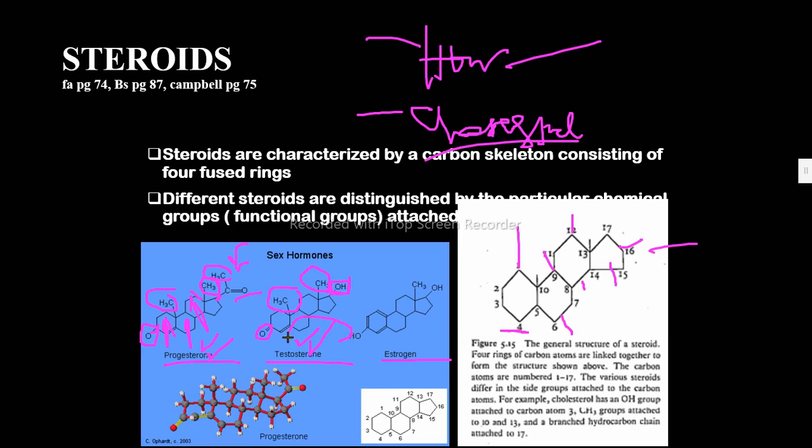This one is responsible for the male's secondary sex characteristics, and this one is responsible for maintaining the uterus from being shed off. So basically they are the same.